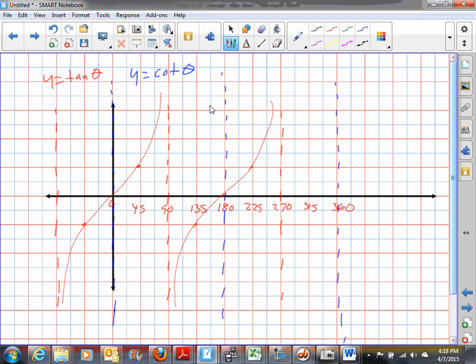Now, when the tangent graph is really close to 0 but positive, the reciprocal is going to be very big. And so the reciprocal of 1 is 1, and at 0 here. So what we're going to do is we're going to get something that looks like this, and then here's another one. Oops, should have gone through this point right here. I'll just make the point really big. And so there is the cotangent graph.